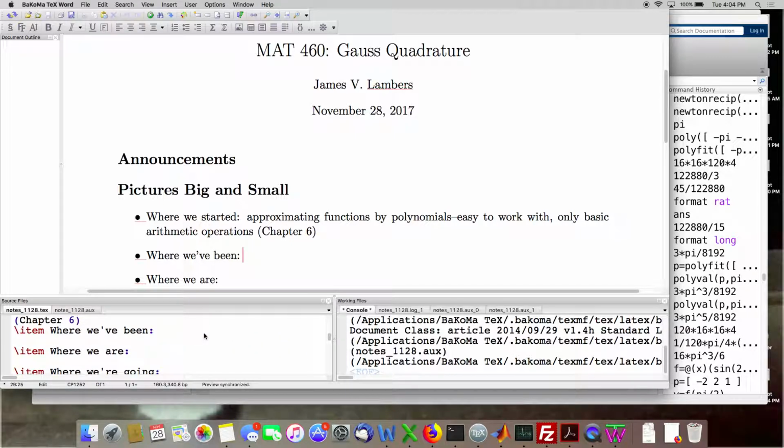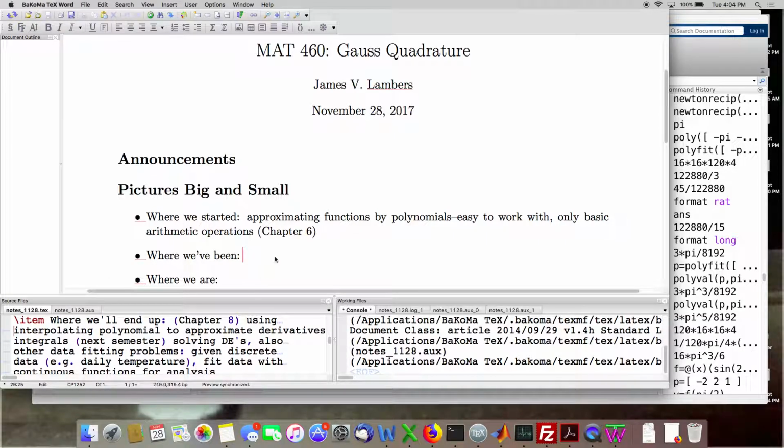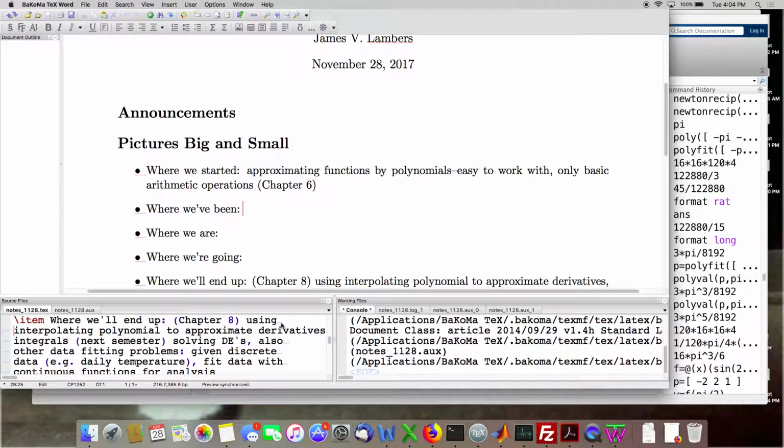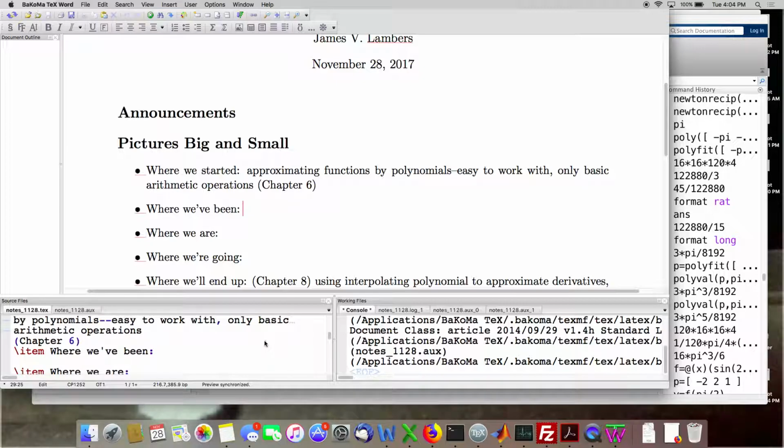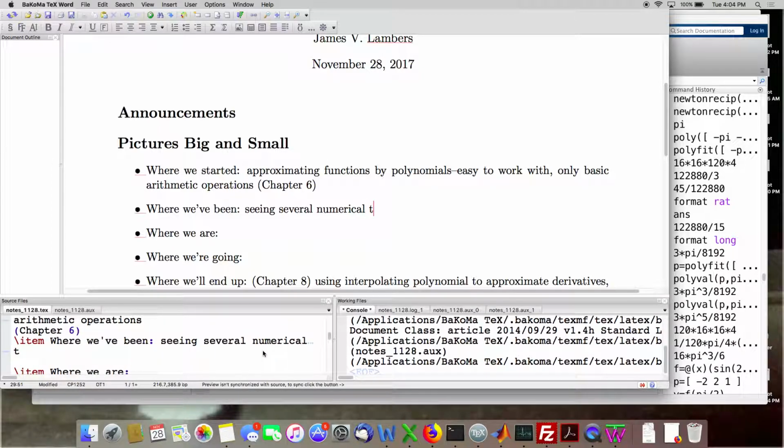Well, this is the last new material. What we've seen up to this point is several numerical integration techniques.